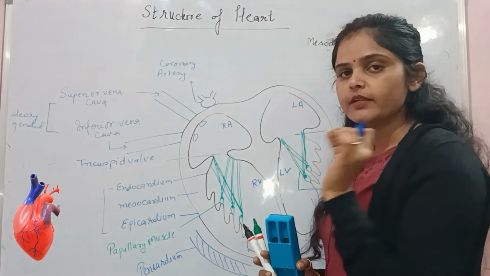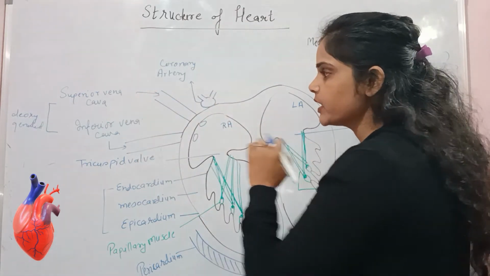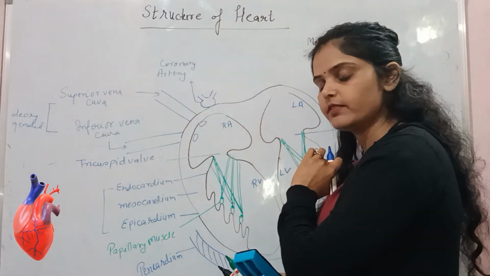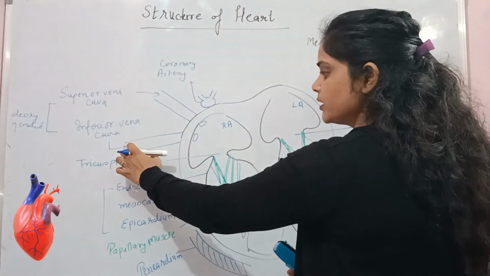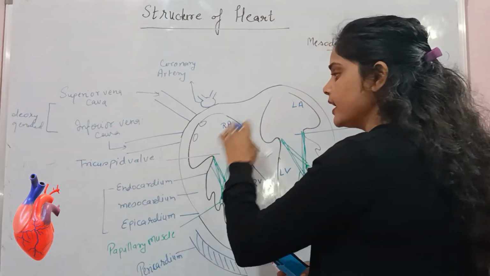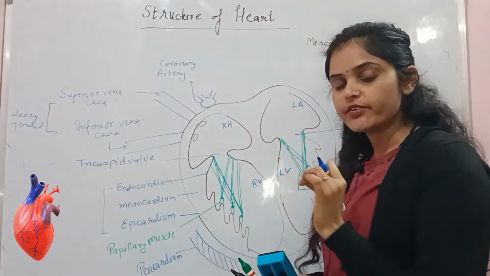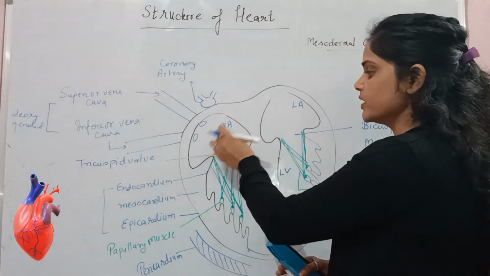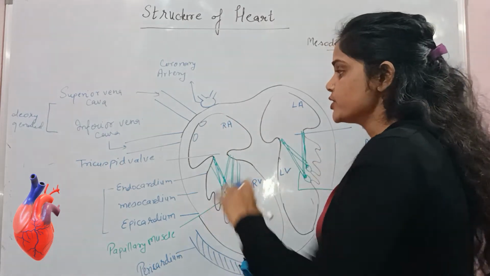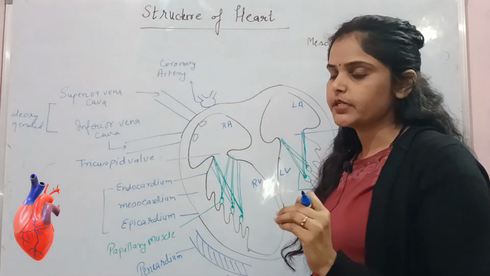The upper body part has deoxygenated blood taken up by the superior vena cava and transferred into this right atrium. Next we have the inferior vena cava, which has deoxygenated blood from the lower body part and again transfers it into the right atrium. Next the coronary artery receives deoxygenated blood from the heart muscles and transfers it into this particular chamber. So the right atrium is receiving deoxygenated blood.